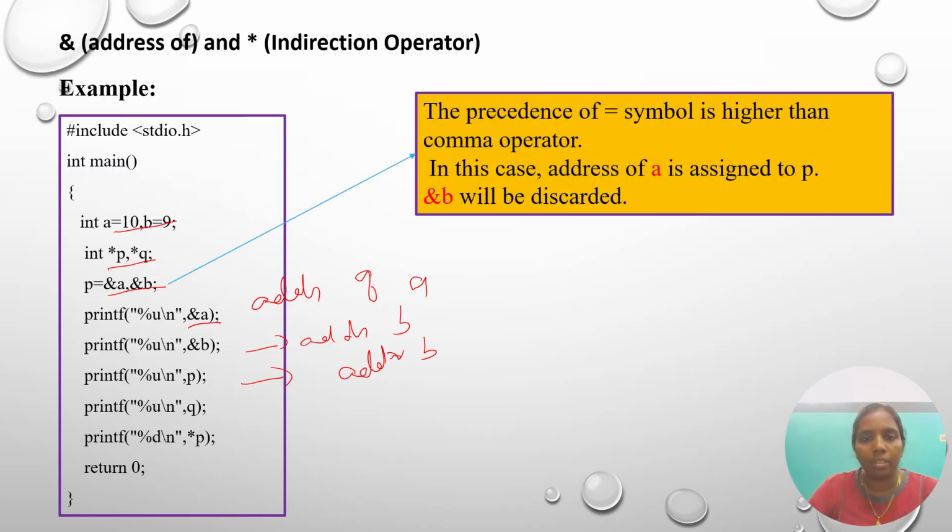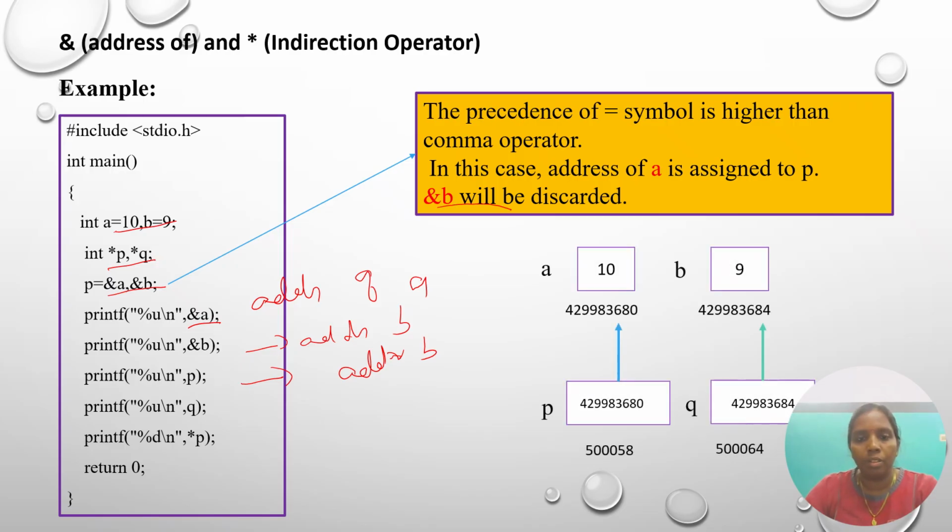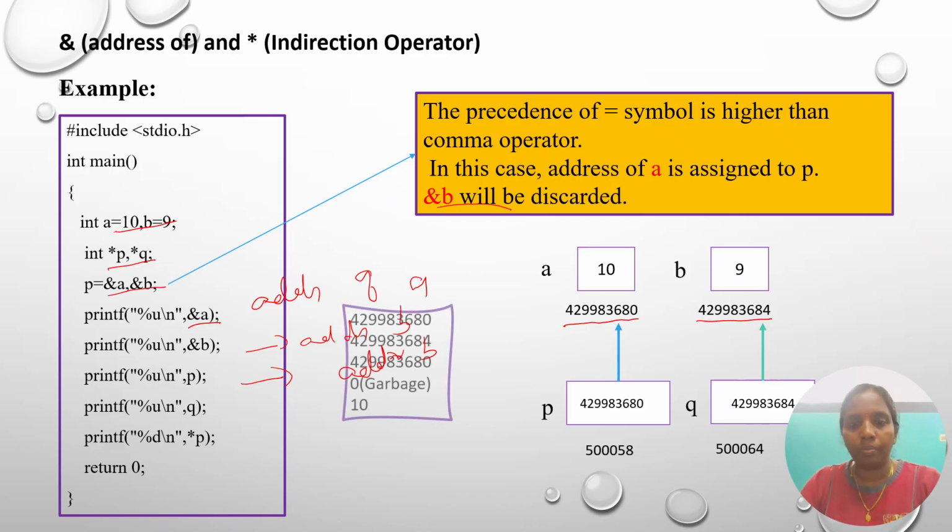Here the precedence of the bracket symbol is higher than the comma operator. In this case, the address of A is assigned to P and &B will be discarded. So A value is 10, B value is 10. A whose address is 429983680, B whose address is 42998983860.